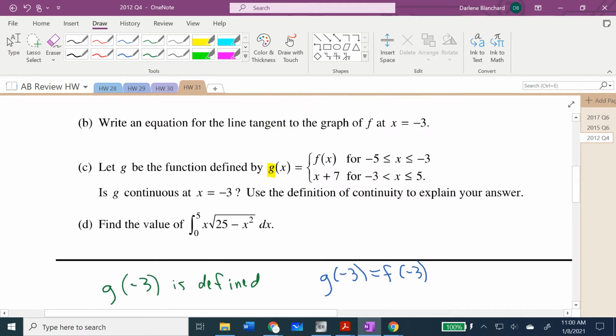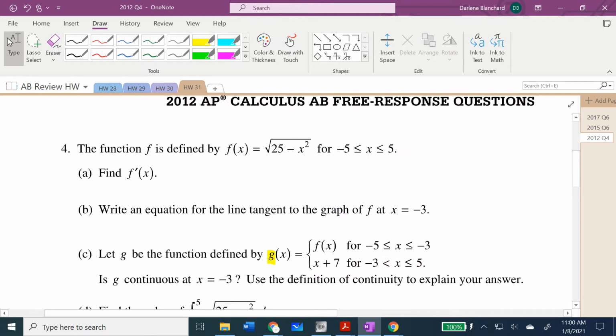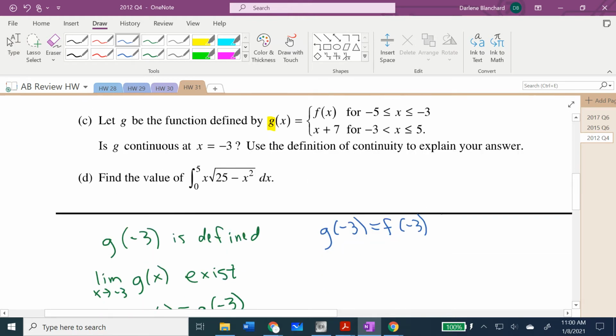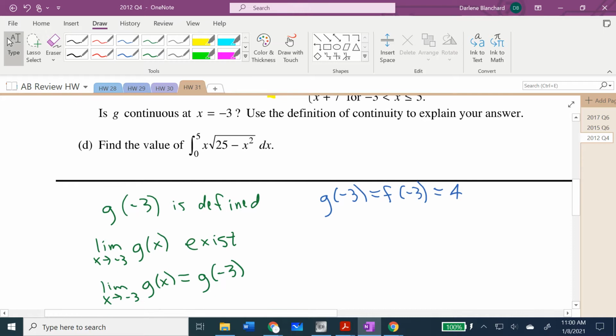And then f of negative 3 was found earlier to be the number 4, if I'm remembering correctly. So g of -3 is defined.